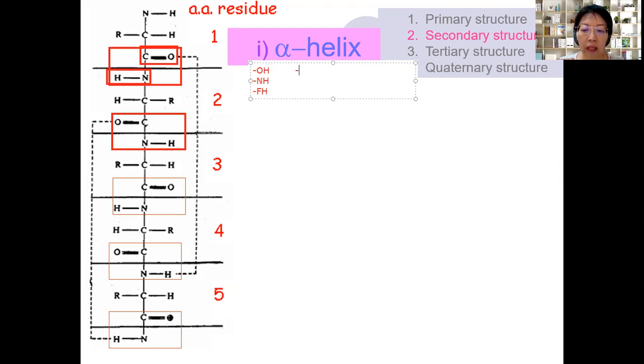So C double bond O. So I've shown you before that the OH, NH, FH, right? All of them have uneven sharing of the electrons, that the O is more electronegative because it takes a bigger share of the electron. So there are more electrons here. The H tends to be more electropositive because it has less electrons here.